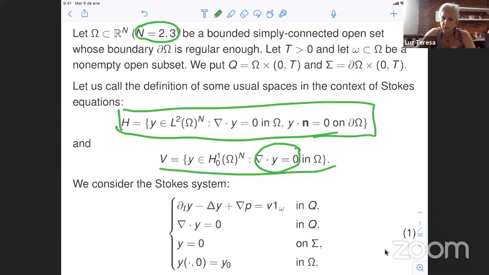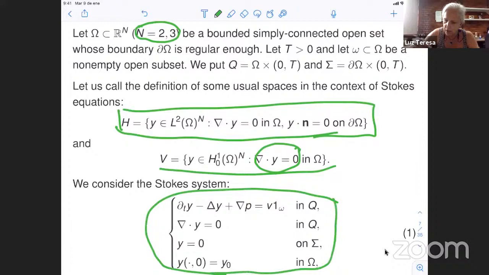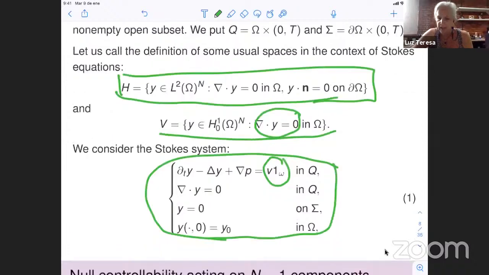So you have in these spaces the Stokes system. We know that in this situation you can act with a control V and drive the solution to 0 at capital T. So that means that all the components of the system go to 0 at capital T.